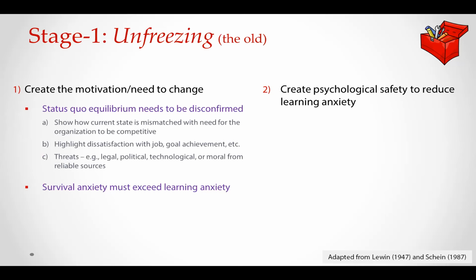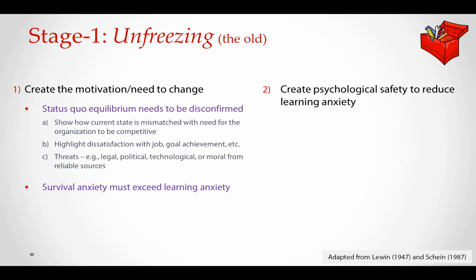How can you disconfirm? You can do that in a very logical, rational manner by presenting people with data and facts, by showing them, hey, what is our current state of affairs? What is the competition looking like? What is the external market like? What kind of future are we going to be seeing?